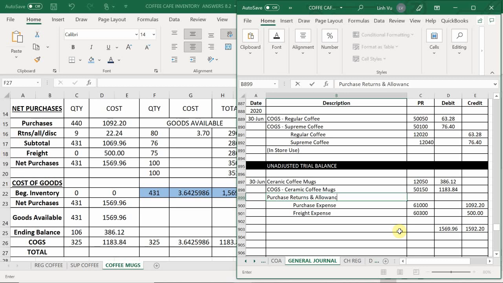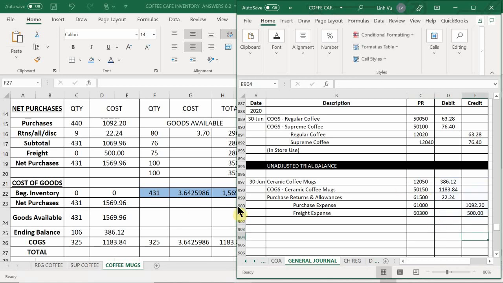How much was it? 22.24. So now are we even at 1592.20? Good. What account number is purchase returns and allowances? 61500. There we go. Now we have it.